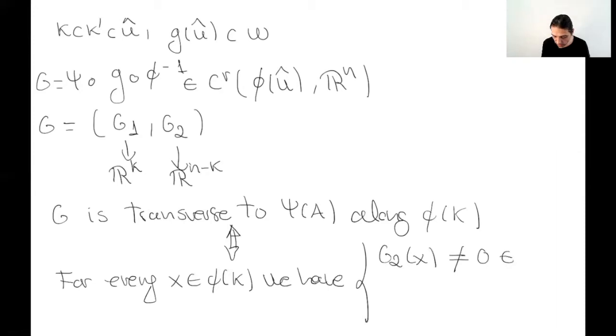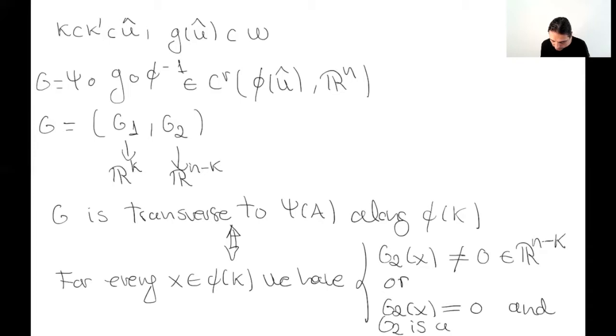This 0 is the 0 vector of R^(n-k). In that case, no problem. We have transversality at the point X because the image of X does not belong to psi of A. And the other possibility is that the value of G2 at the point X is 0, it's the 0 vector of R^(n-k), and G2 is a submersion at the point X.